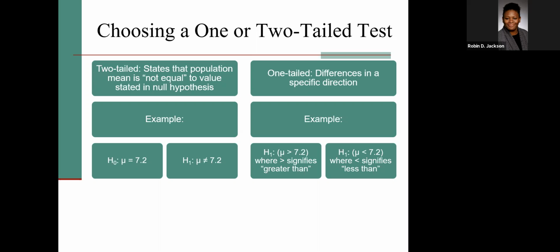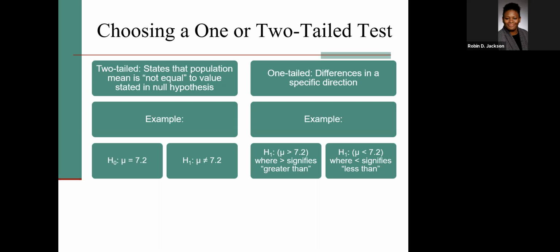Now for the examples here, the two-tailed test is as follows. The null. And this is the alcoholics in the community example. That's what I'm using for this particular example.